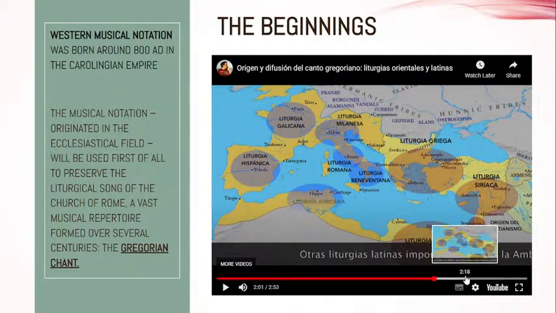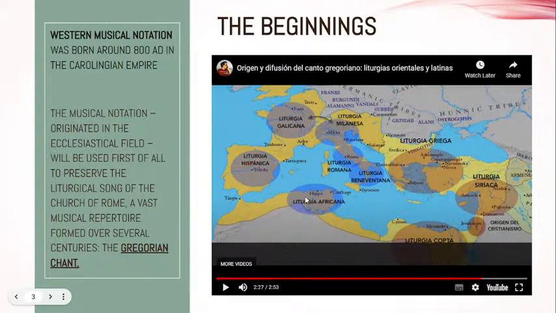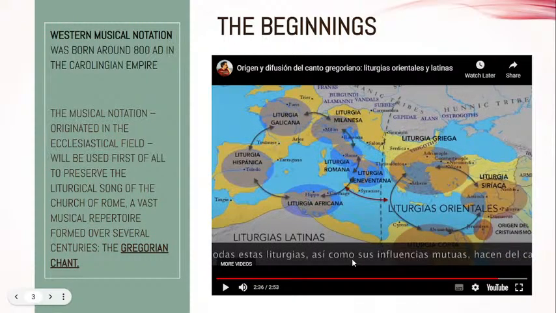Toledo, in Africa near Carthage, the Coptics. Here in Jerusalem, and all that. And finally you see the travels of this music.